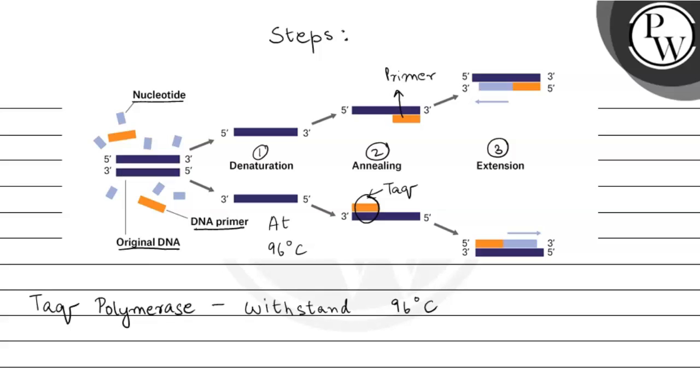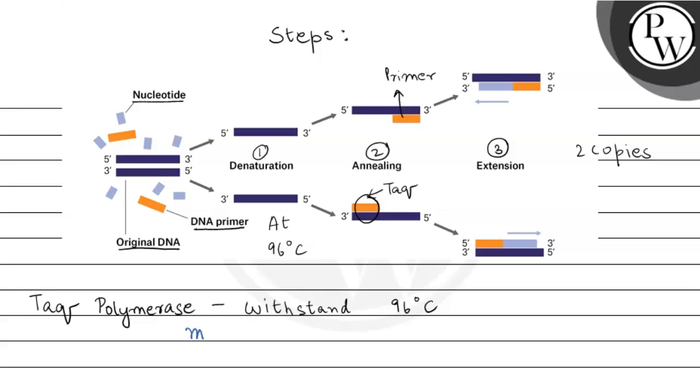So the primer will then extend by addition of the nucleotides to the primer, which is complementary to the parent template strand. In this way, we will get two copies of the single parent template DNA. And when this cycle is repeated for several times, then this is how we get multiple copies of the same DNA strand.